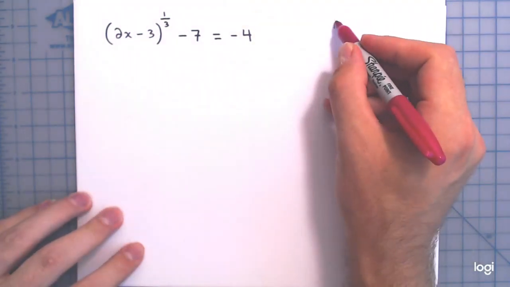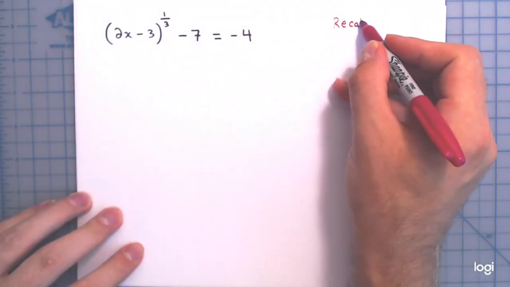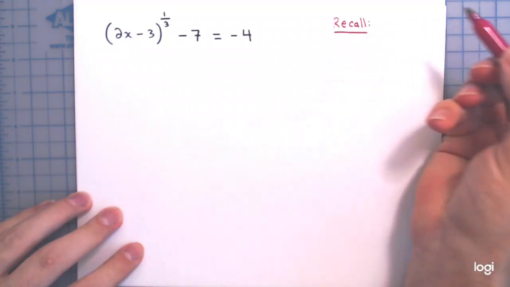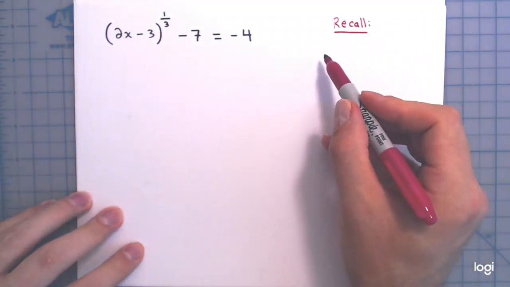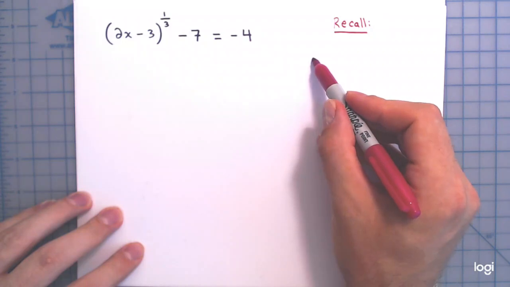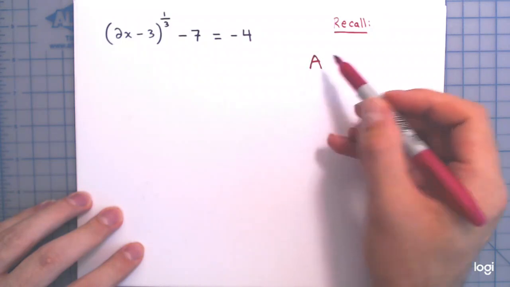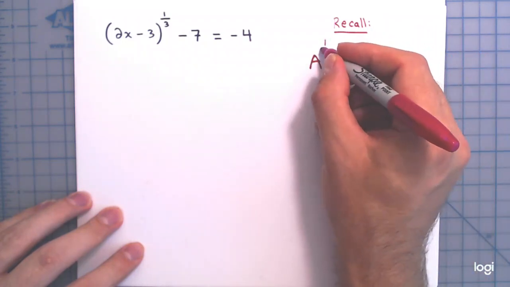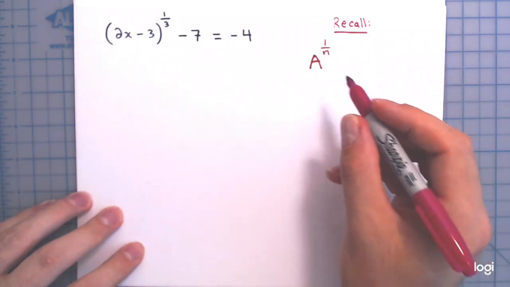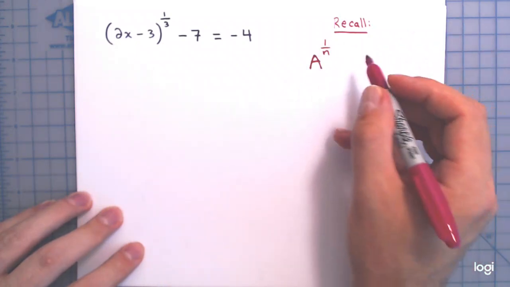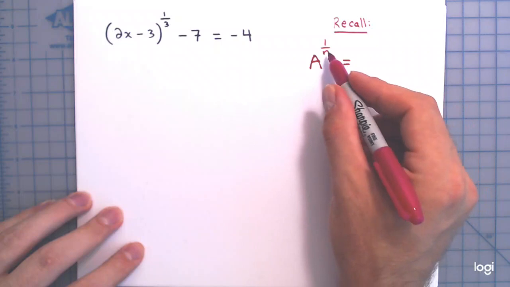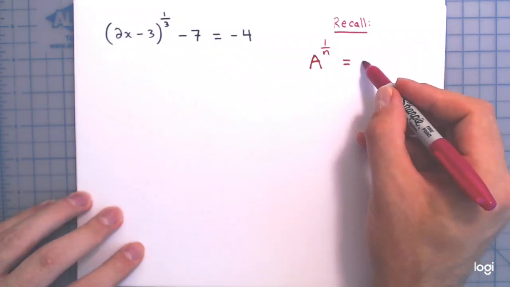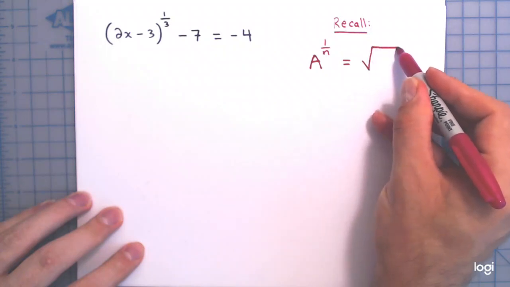Off to the side, I'm just going to remind you, I've put this up in past videos if you've been watching, that when you see a number or a base raised to a fraction power, like 1 over n, a to the 1 over n power, it means exactly the same thing as taking the nth root.